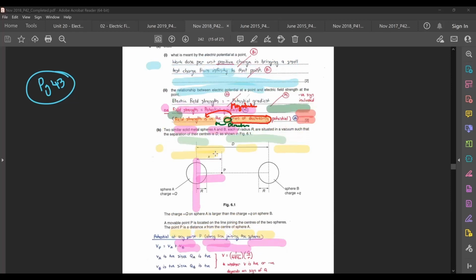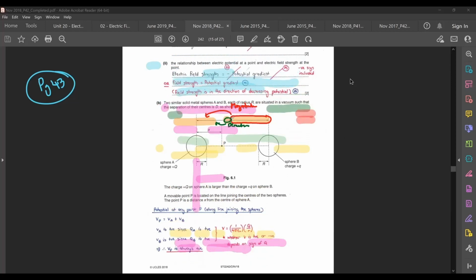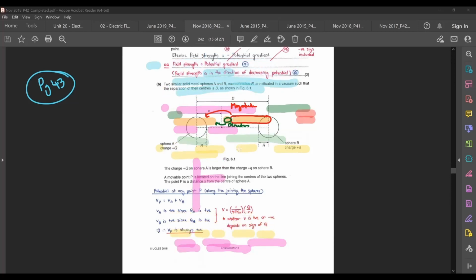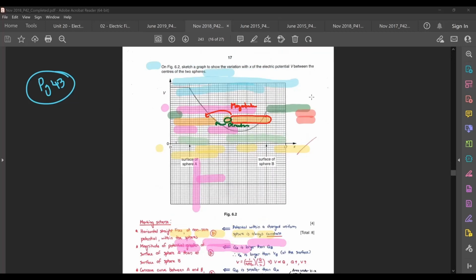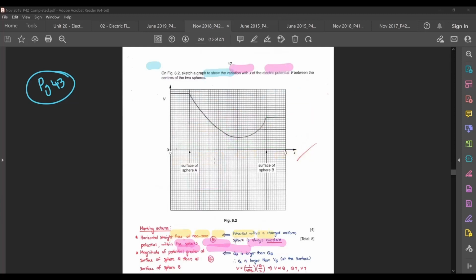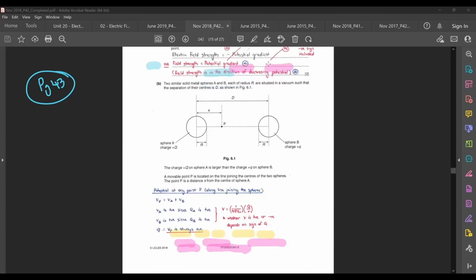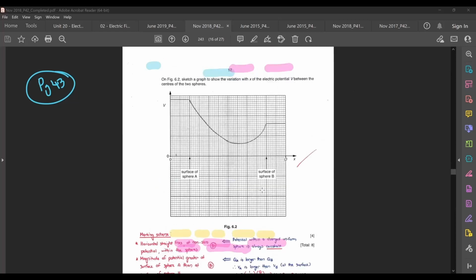Now, what you want to do is plot a graph of the variation of electric potential V between the centers of the 2 spheres with x. It is similar to the one that you've just done, but there is one key difference now. Your potential is not going to be at the same level.